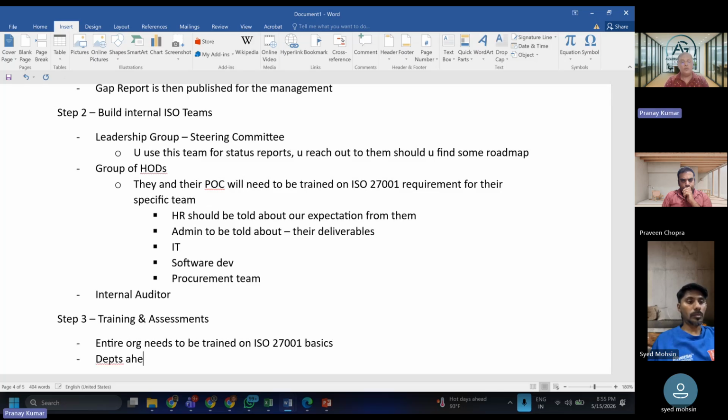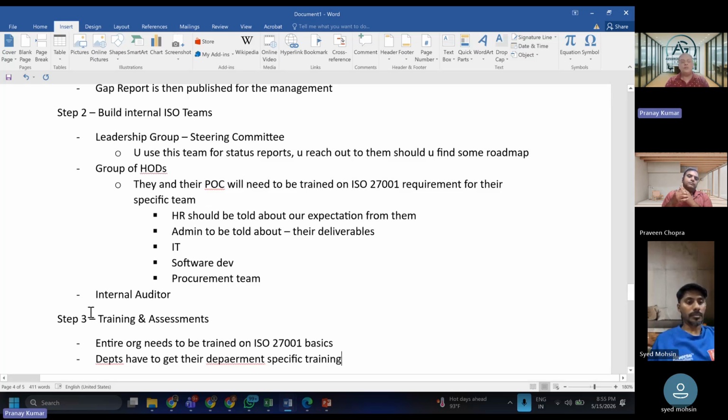Departments have to get their department specific training. और सबके साथ असेसमेंट करना पड़ेगा, सबके साथ एग्जाम्स करने पड़ेंगे. Exams are mandatory. With me, all of you.